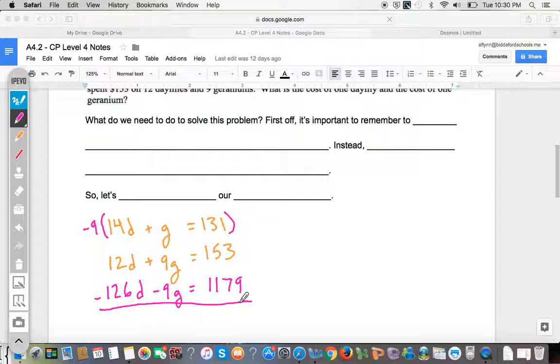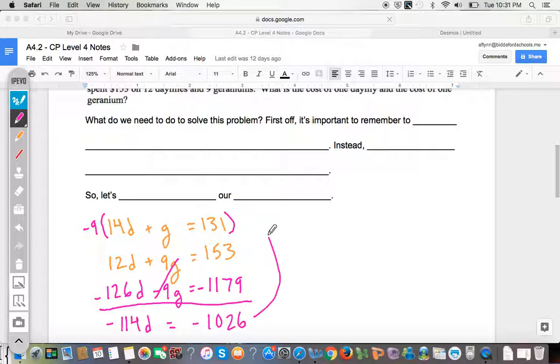So I have 12 minus 126. That leaves me with negative 114D. My G's cancel. Equals 153. Oh, sorry, this should be a negative 1,179. 153 minus 1,179. So that equals negative 1,026.